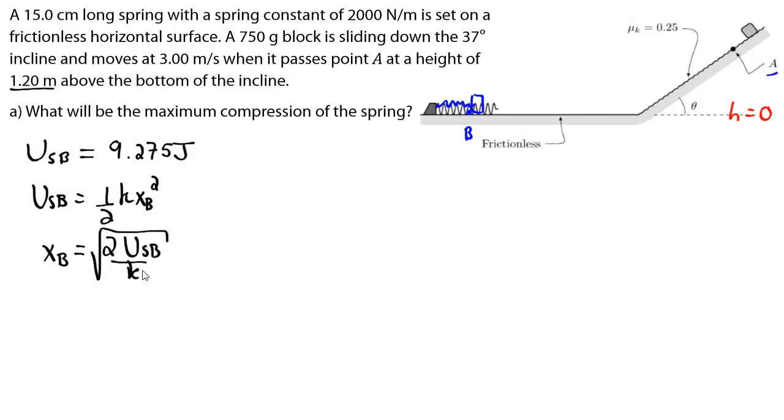So replacing the values in there, we get the square root of 2 times 9.275 joules, all of that divided by the spring constant, which is 2000 newtons per meter. So you can see that unit-wise we have joules divided by newtons times meters.